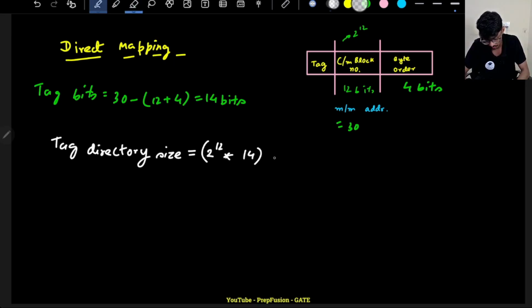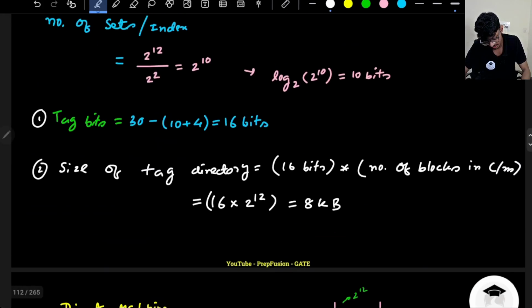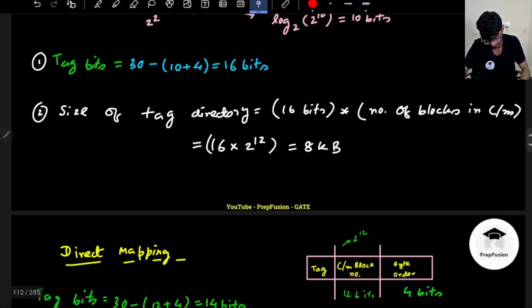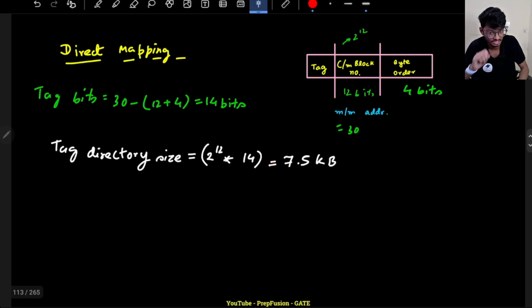If I divide by 2 cube, this will be 7.5 kilobytes. If you see here, this was 8 kilobytes, and this is 7.5 kilobytes, and actually it is considerable.